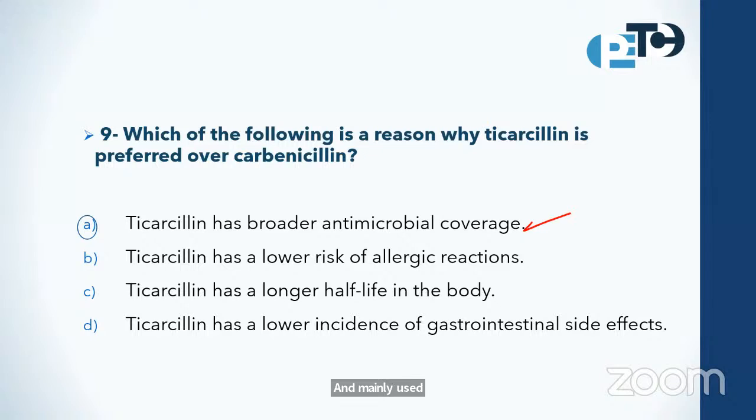While allergic reaction can occur with any penicillin antibiotic, there is no evidence to suggest that ticarcillin has a lower risk of allergy compared to carbapenem. Also, the half-life and gastrointestinal side effects may vary between individuals, but are not specific differentiating factors between ticarcillin and carbapenem.